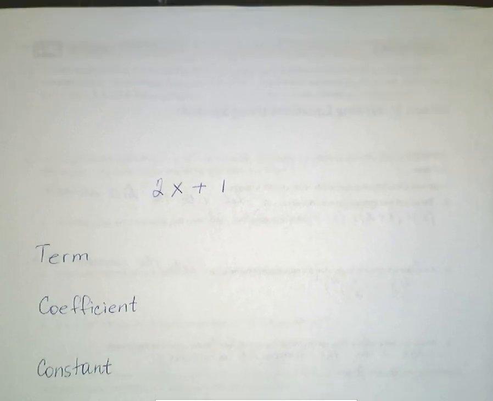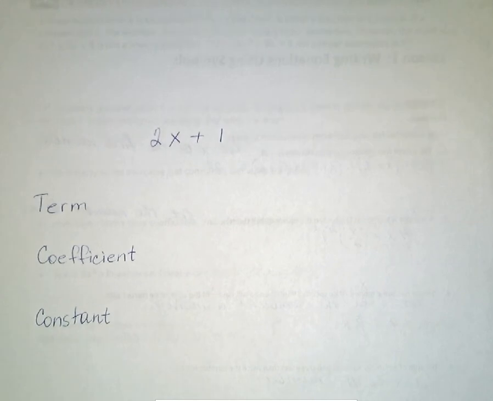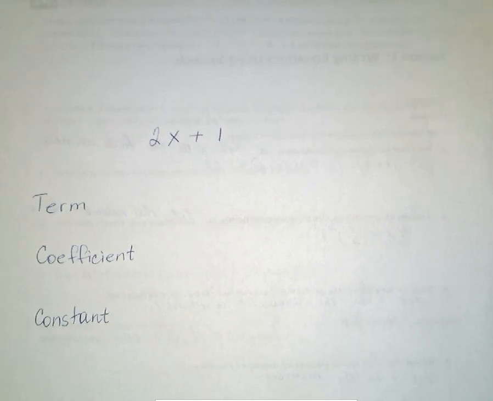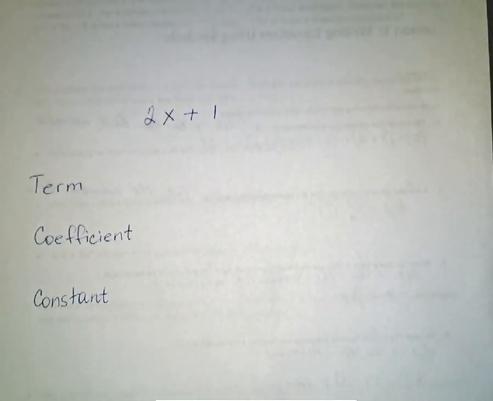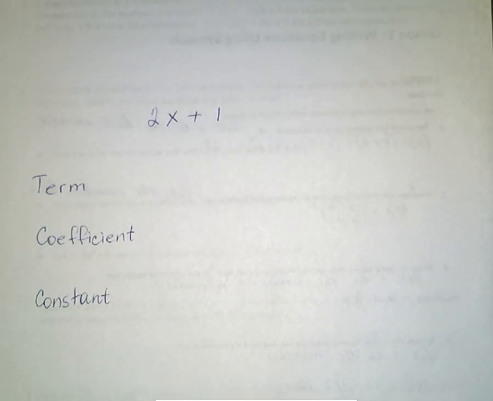Before we start on that lesson 2, I just wanted to remind you of something from grade 7 that we studied earlier last year. Here in front of you, you have an expression 2x plus 1. This expression has two terms.